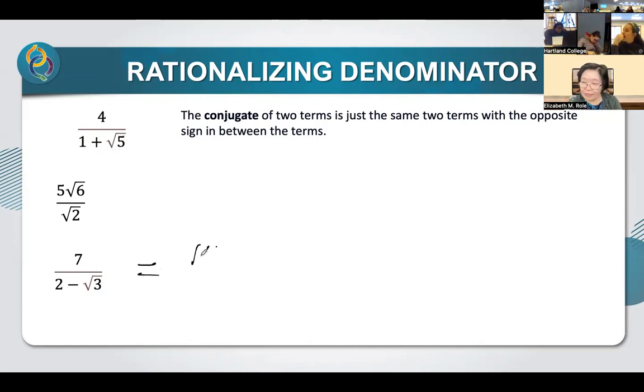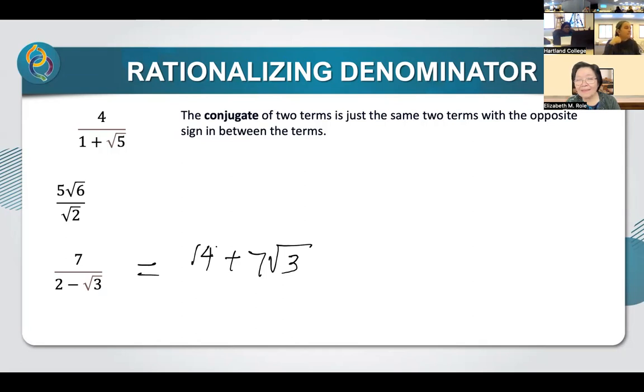So 14 plus 7 square root of 3. Yes. Is that the correct answer? Yes. So did all of you get the answer?